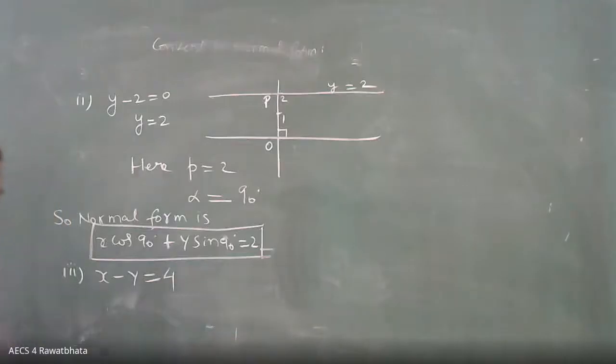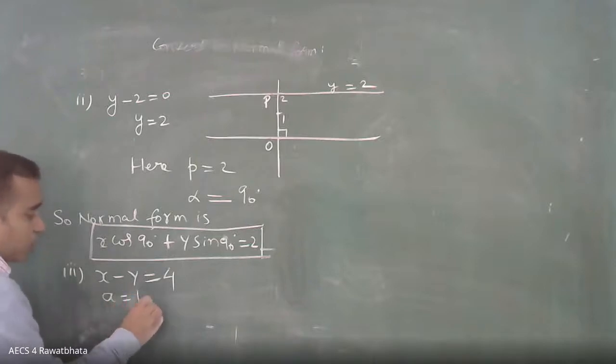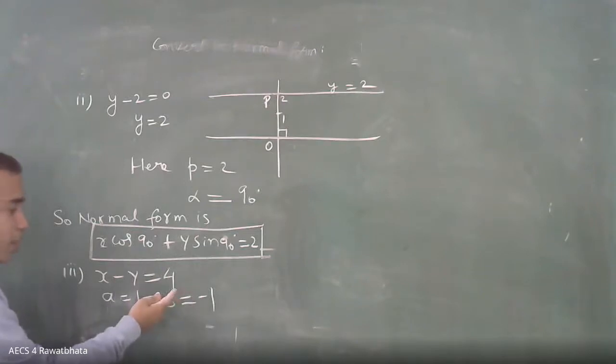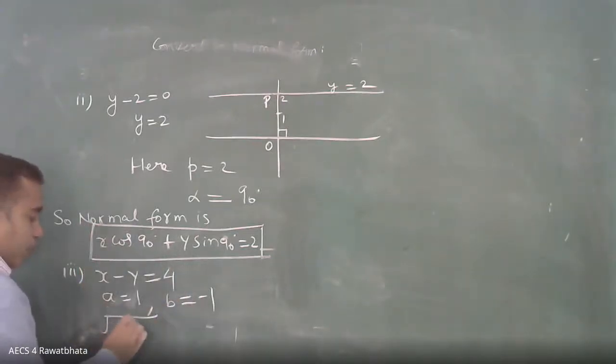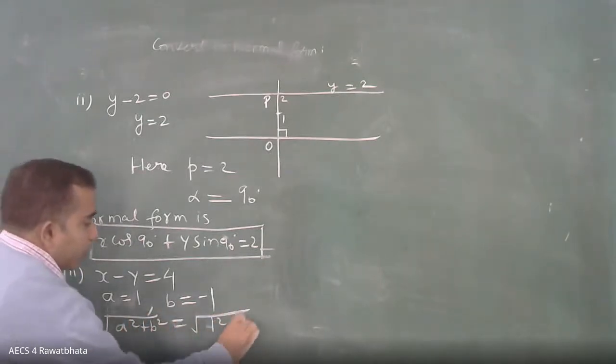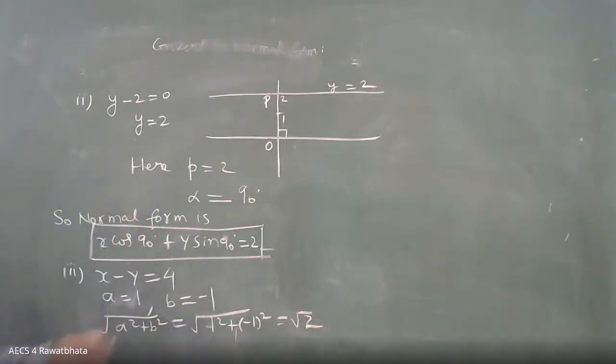Sir, divide by root 1 square plus minus 1 square. That is root 2. Exactly. So first of all, a is 1, b is minus 1, because constant is already in right hand side and positive, so no problem. First of all, root of a square plus b square you find, and this is going to be 1 square plus minus 1 square, which is root 2, and we have to divide by root 2.